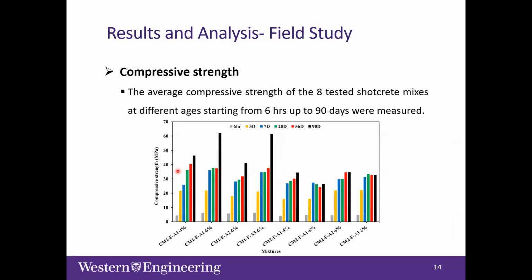Here, briefly, for the high ratio silicate accelerator at 4%, we see that the compressive strength increases with time up to 90 days. We have similar behavior when increasing the accelerator dose up to 6%.